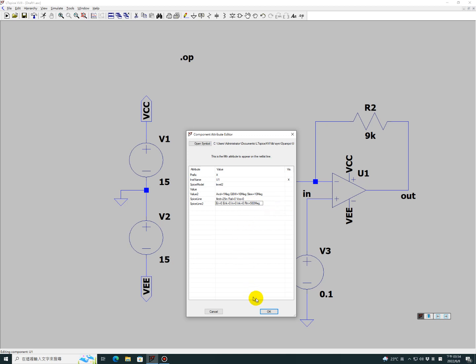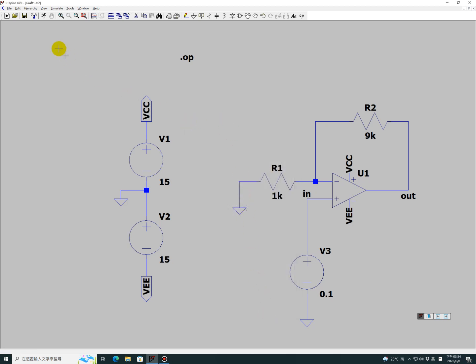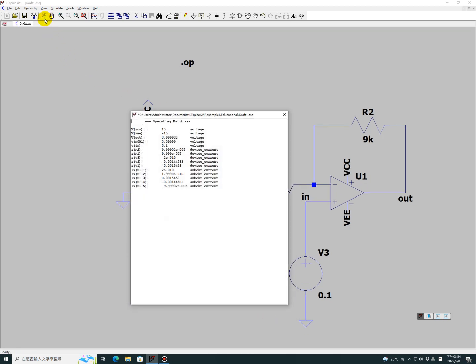Okay, and if I change the DC gain to 0.1, right? And of course, here you see originally it is 0.99992, now it becomes 0.9999.